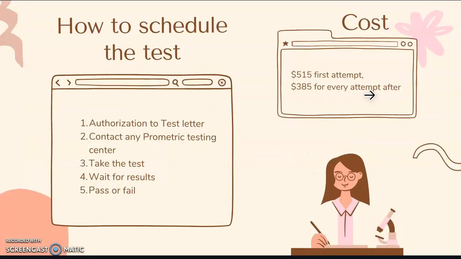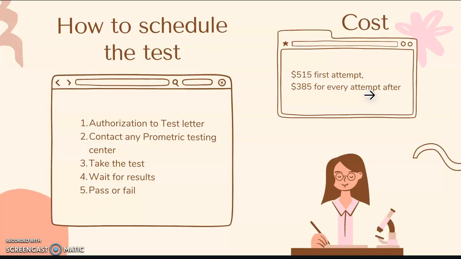Okay, how to schedule the NBCOT certification exam. To do that, like I was saying earlier, you have to graduate from an accredited OTA program. After you graduate, you will receive an authorization to test letter, which basically tells you that you did complete the OTA program and the fieldwork that went with it, also known as ATTs.